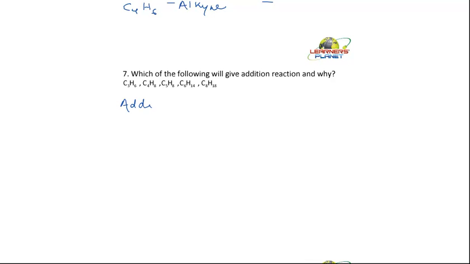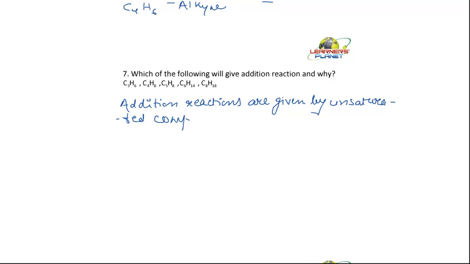Now our next question here is, which of the following will give addition reaction and why? Now students, addition reactions are given by unsaturated compounds. That is, it can be an alkene or an alkyne.